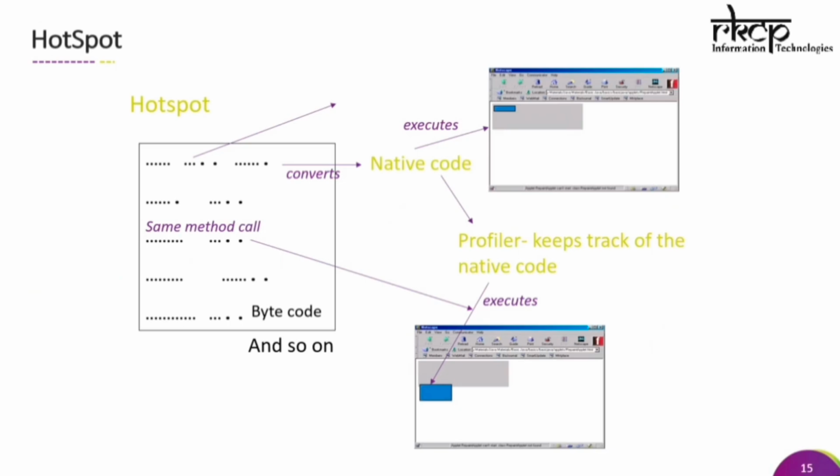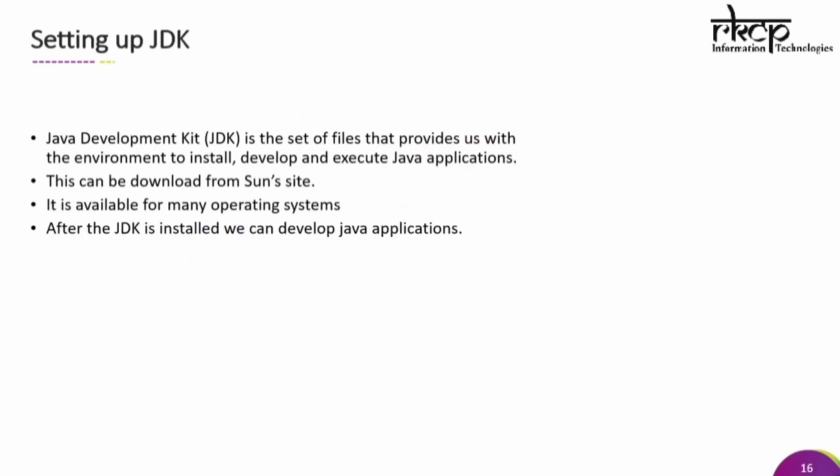So if I try to summarize, when you execute your Java code at runtime, behind the scenes it is using the hotspot, the JIT compiler, as well as the JVM interpreter. Means three things it is using to execute your Java code: JIT compiler, hotspot, and JVM interpreter.